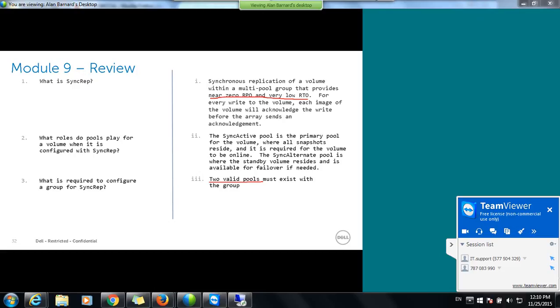You cannot have one pool. Two pools means a minimum of how many members? The minimum is two members, because you cannot have one member belong to two pools. One member can only belong to one pool.